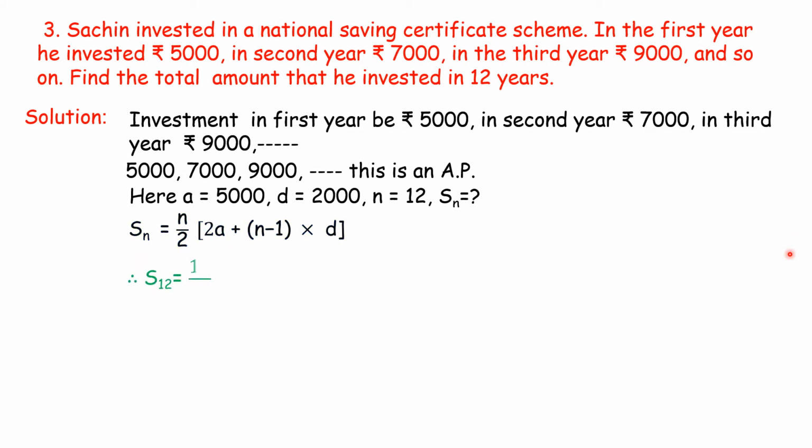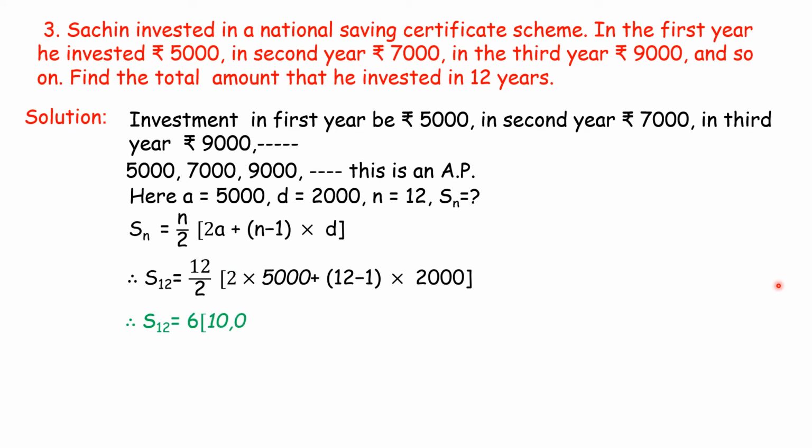Sum of first 12 terms is equal to 12 upon 2 into bracket 2 into 5,000 plus 12 minus 1 into bracket 2,000 is equal to 6 into bracket 10,000 plus 11 into 2,000. 6 as it is, 10,000 plus 22,000. 11 into 2,000, that is 22,000. Here sum is 10,000 plus 22,000, 32,000.